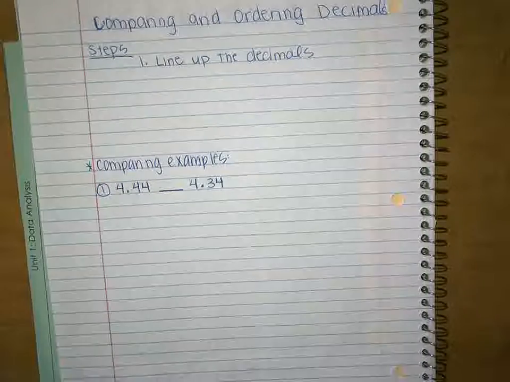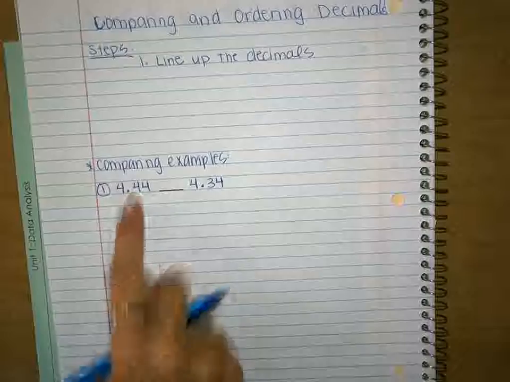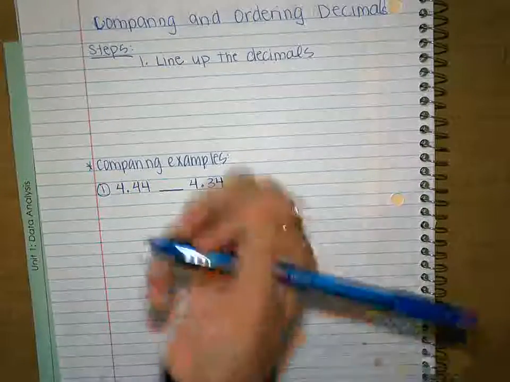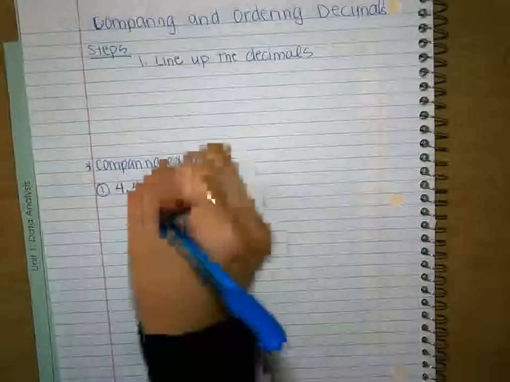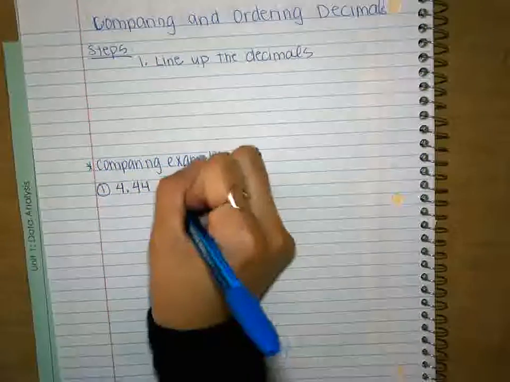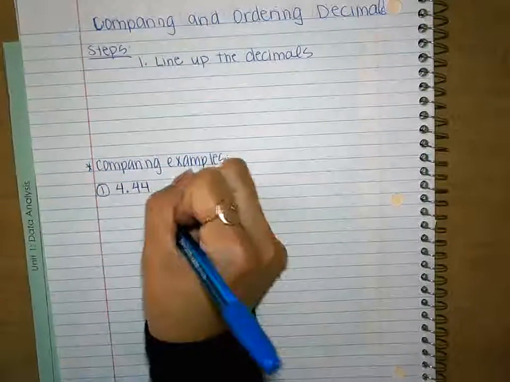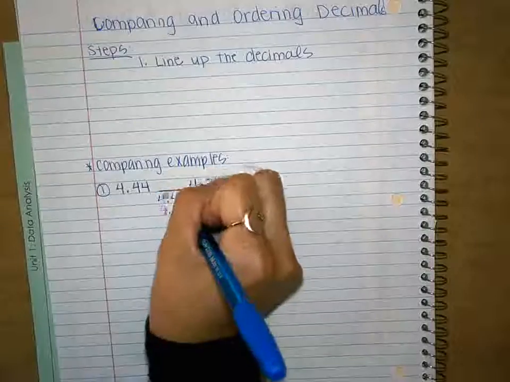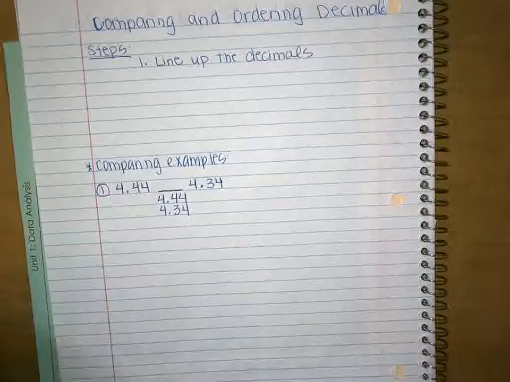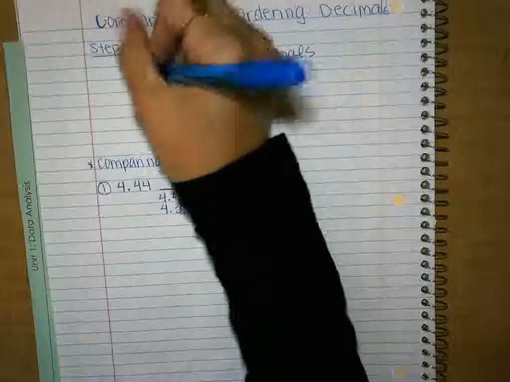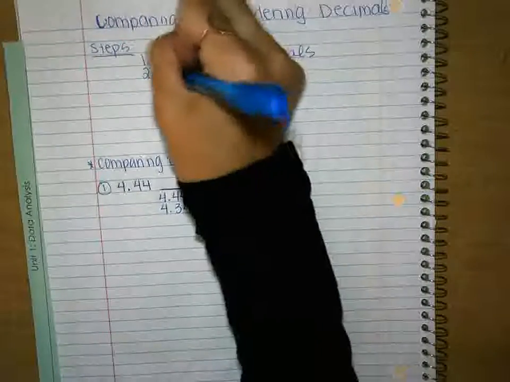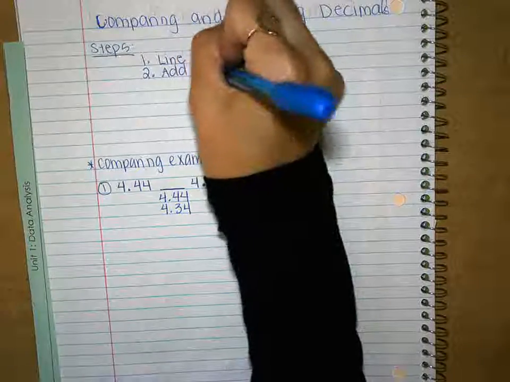So when we are comparing, the easiest thing that you can do is to line up your decimal. One goes directly on top of the other, like so. If you need to, you can add zeros where needed.